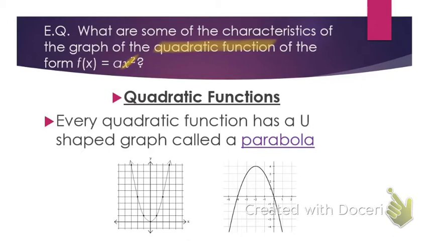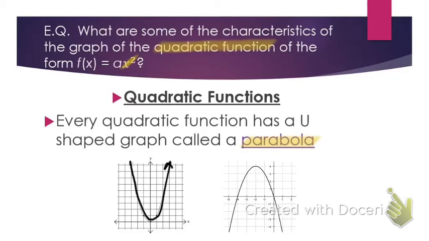Now, look at the shape of a quadratic function. Every quadratic function has a U-shaped graph called a parabola. So now not only does it have a shape, but it also has a name. All right, a U-shaped graph called a parabola. Now, I've given you two examples of a parabola, and if you can see them on your paper, there are two different ways in which this parabola opens.